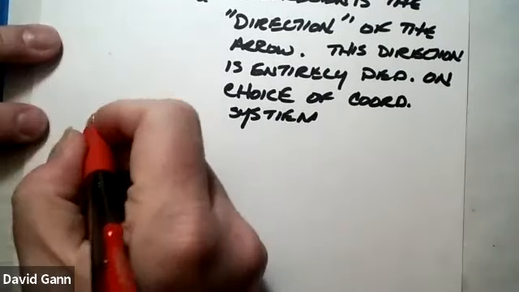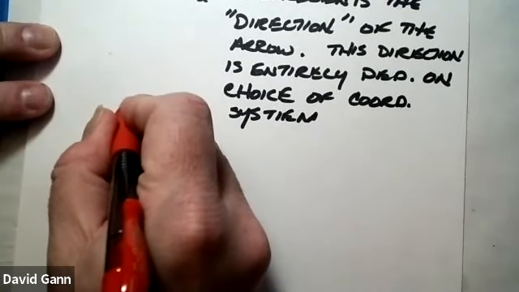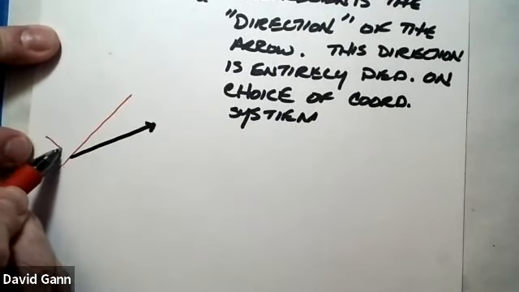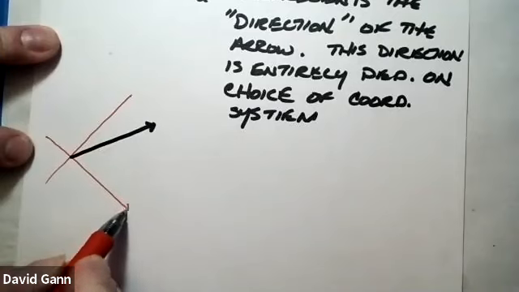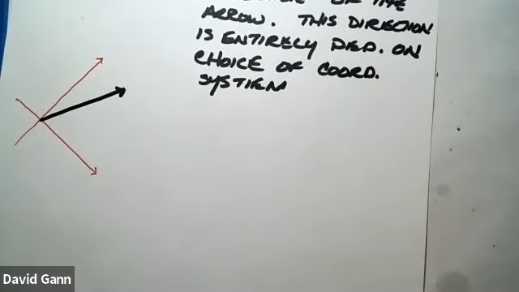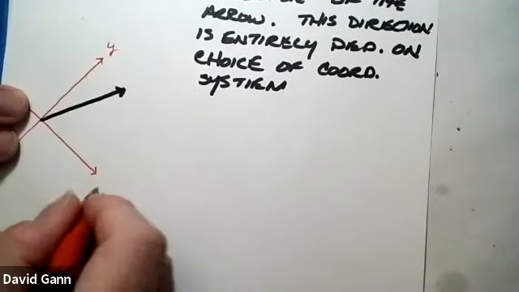And here's our coordinate system for it. Now this is an angle in quadrant 1. I mean, we could put this in quadrant 2 or any other place that we want.